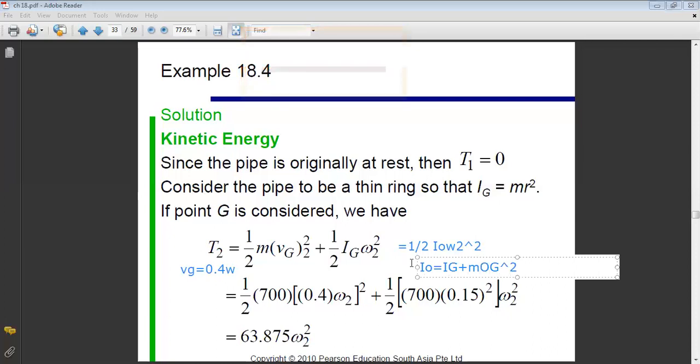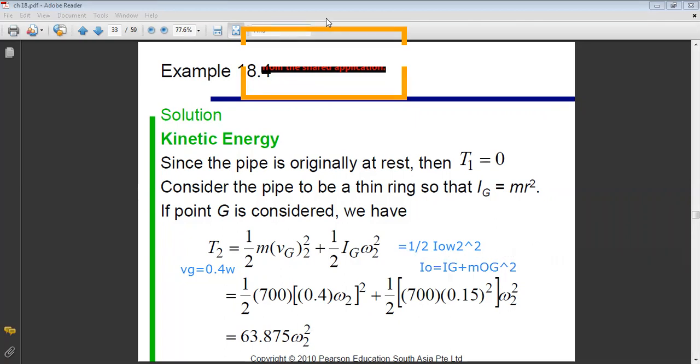So if you use this relation, you go back to the parallel axis theorem, because if you take half omega square into factor, you will have inside Ig plus md square, which is IO. So both methods are equivalent. And now your only unknown is omega 2. So you apply the principle of work and energy, you get the value of omega 2.